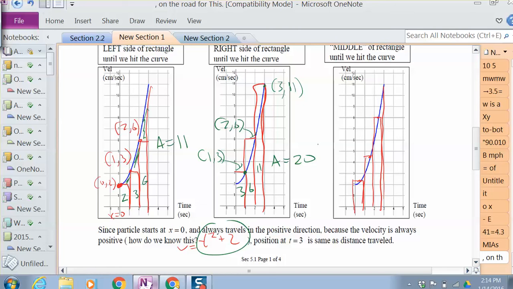And then lastly, if I use the midpoint, that would be 0.5, comma something. That's 2.25. 1.5, comma 4.25.